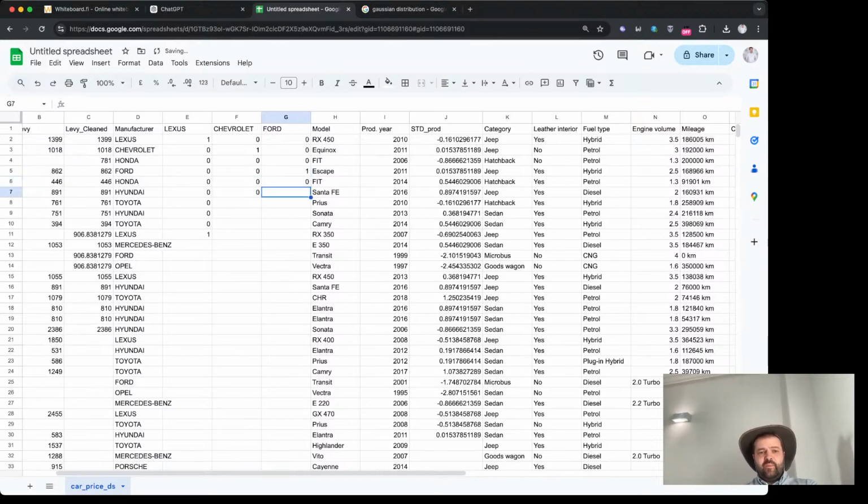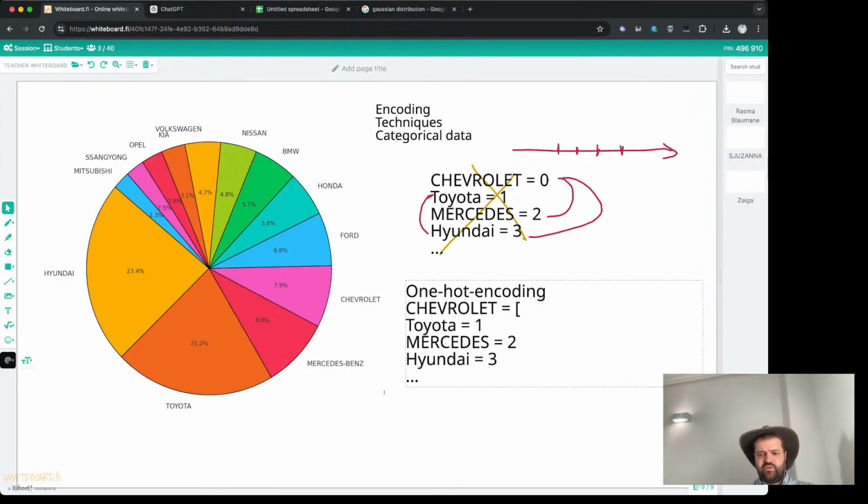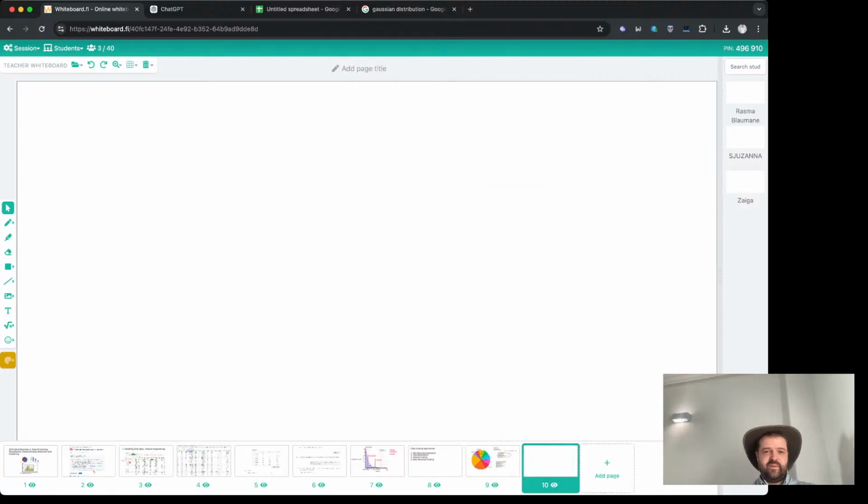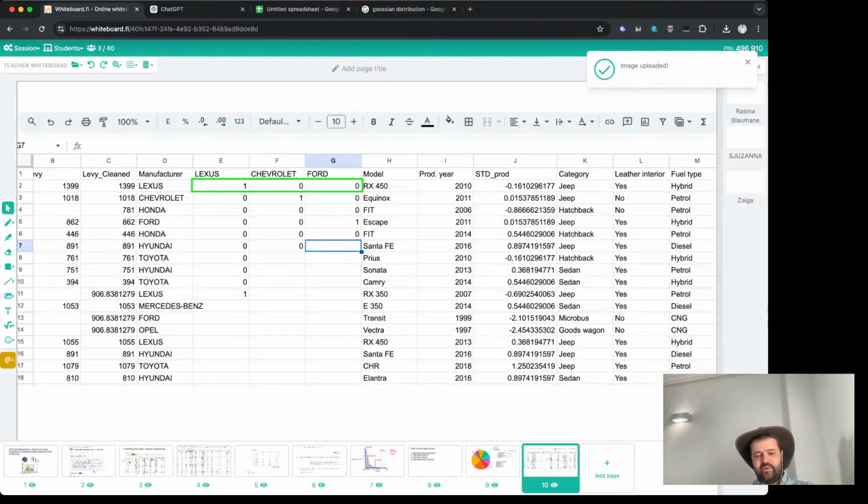The great thing about this format, and it's called one hot encoding, is that this line of numbers is actually a vector. It has some mathematical properties which are very beneficial for your data, and it's also very beneficial for visualization, as you will see in a moment.